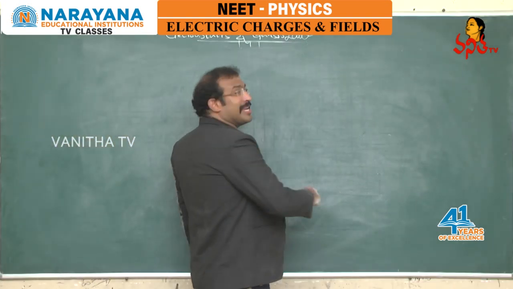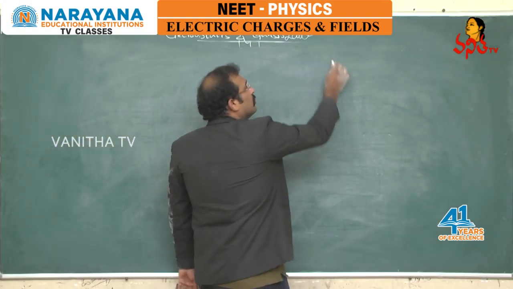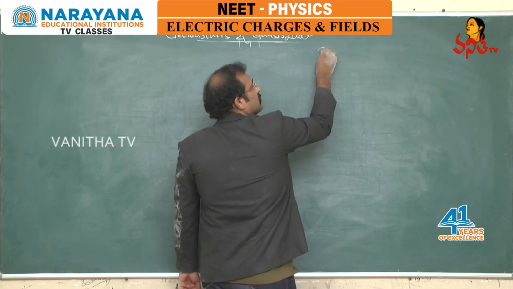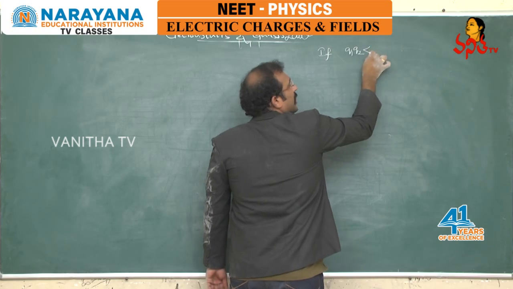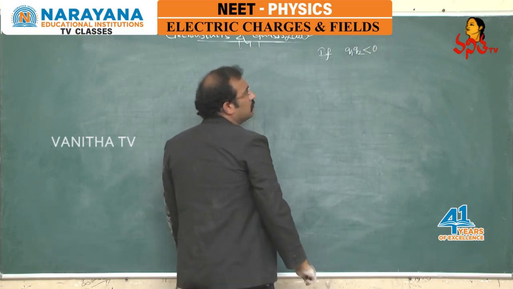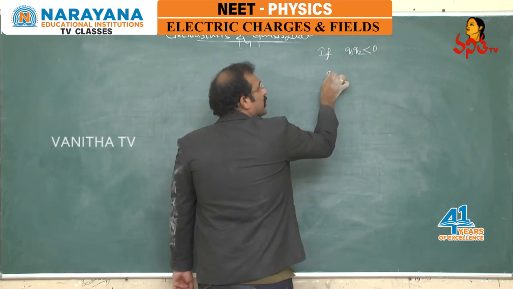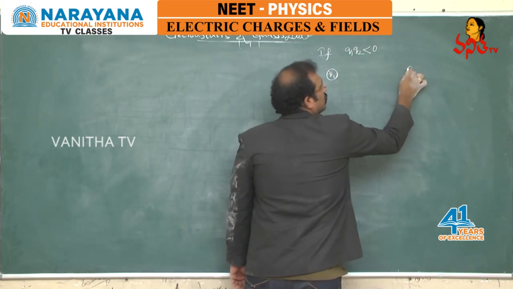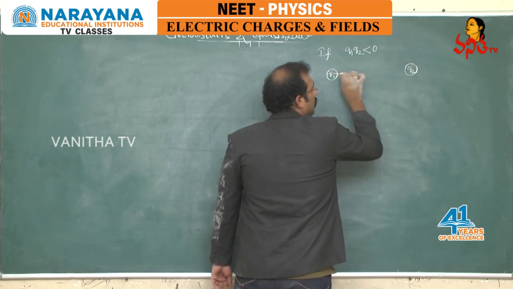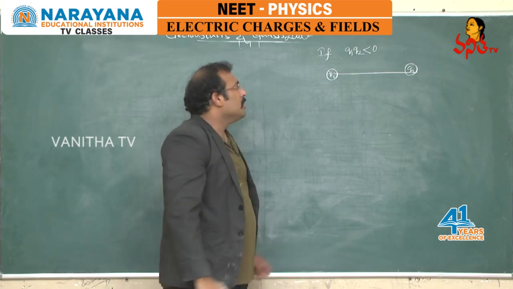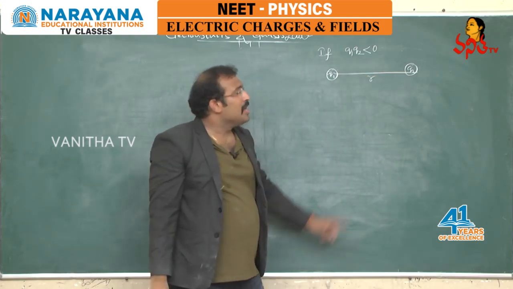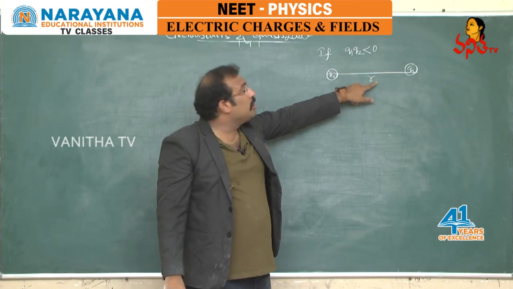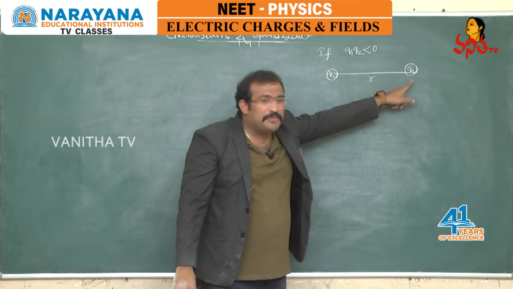Let us consider the next part of it for the equilibrium of test charge. If the product of the charges is less than 0, now consider the charges q1, q2 like this. The product of these two charges separated by a distance r is less than 0 only when they are of different polarities.